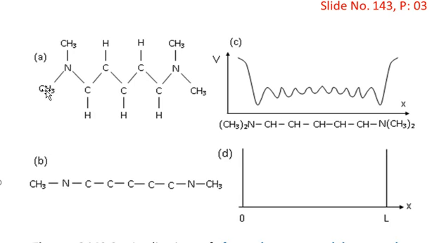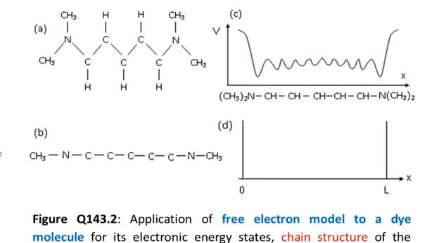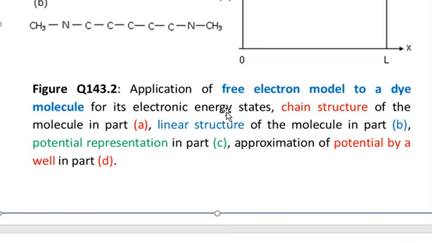For example, CH3, then N, then C, then carbon, carbon, nitrogen, and then again CH3. So this is the linear distribution from the chain structure of the molecule. So this is the linear structure of the molecule in part B.